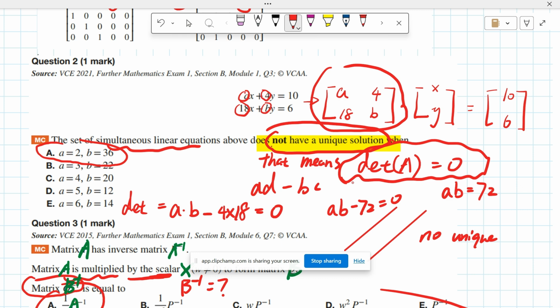All right, determinant equal to 0. So let's have a look. What's the determinant for this? A times B minus 4 times 18 equal to 0. So 4 times 18 equals 72. So A times B equals 72, right?